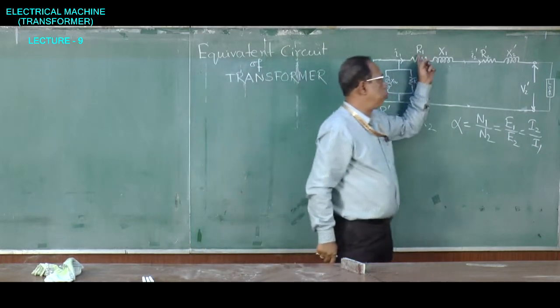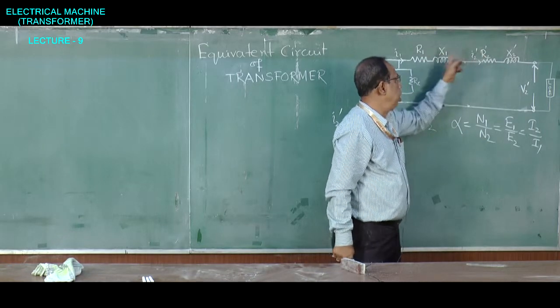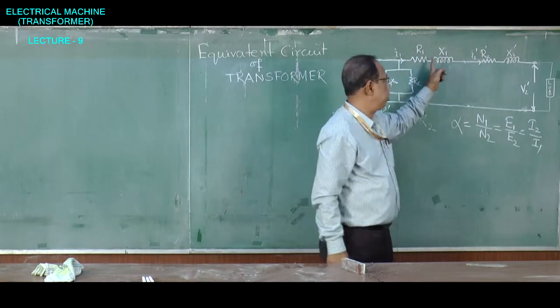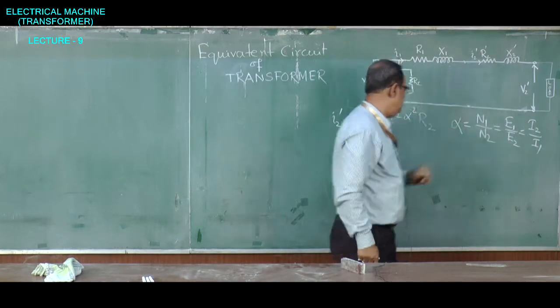It consists of two resistances, R1 and R2 dash, and two leakage reactances, X1 and X2 dash.